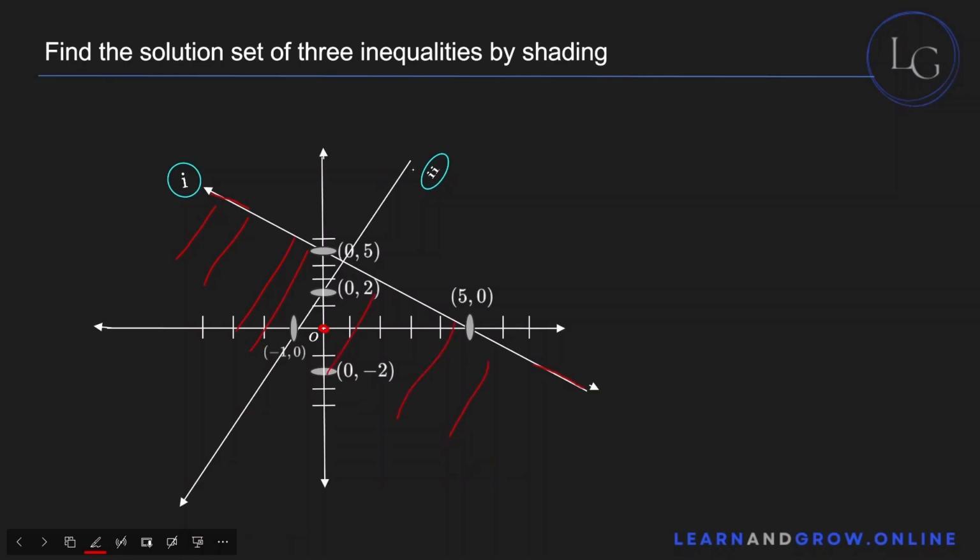Now for equation number 2, which is this line over here, the shading should also be done towards the origin. So that is basically this entire portion, right? So the coinciding points here is basically this entire region, right?